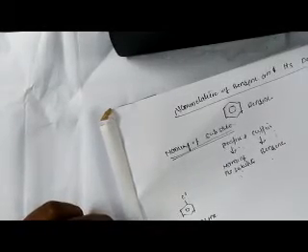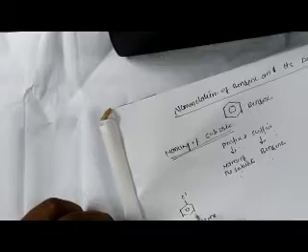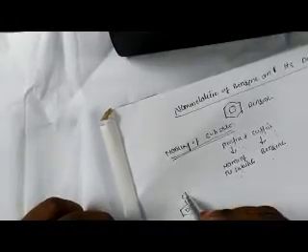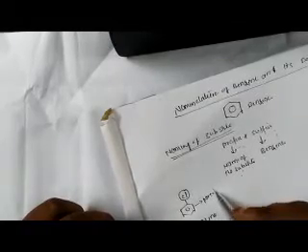So for the parent molecule we allot the suffix, and for the substituent we allot the prefix. Here the chlorine group is the substituent and benzene is the parent molecule, so we name it chlorobenzene.